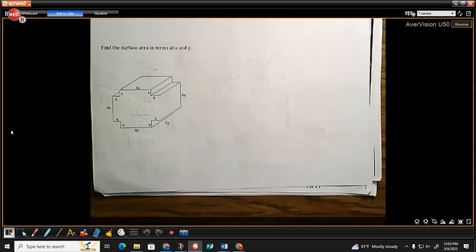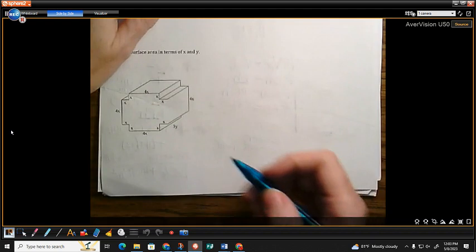And now the last one. Oh, look, in this one you just have to find surface area. So, since you don't have to do volume, focus on the shapes of the surfaces. Bunch of rectangles, huh?